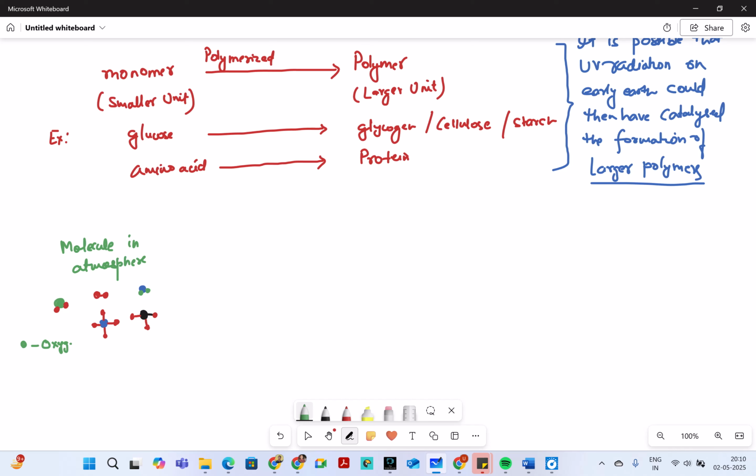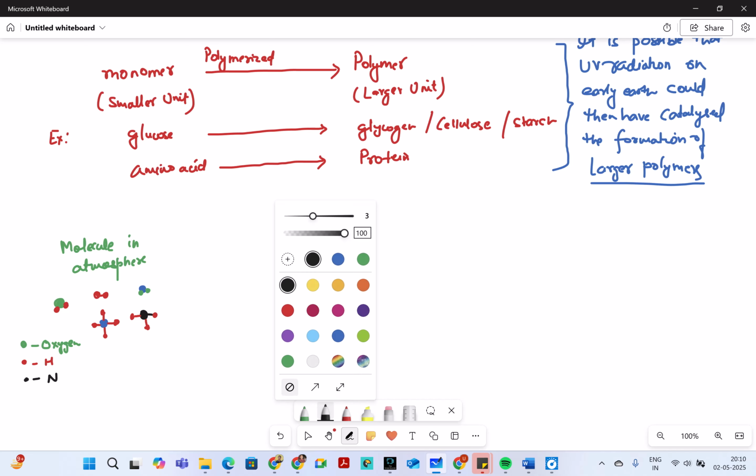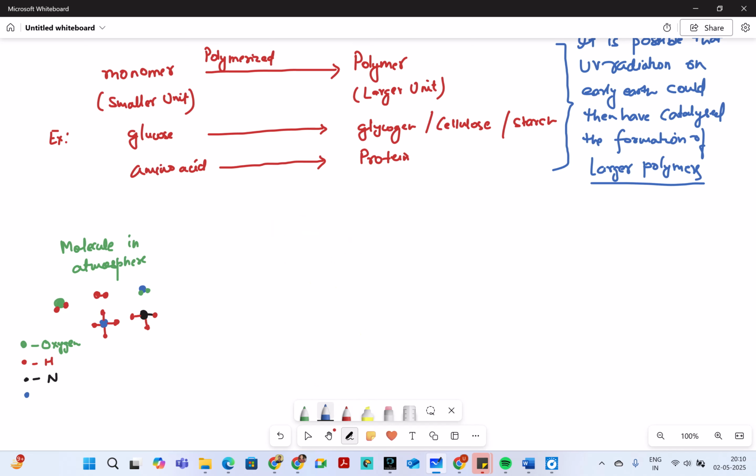Red is hydrogen, black is nitrogen, and blue is carbon, right? So these are the biological molecules.